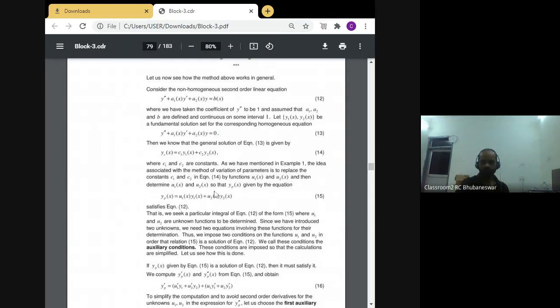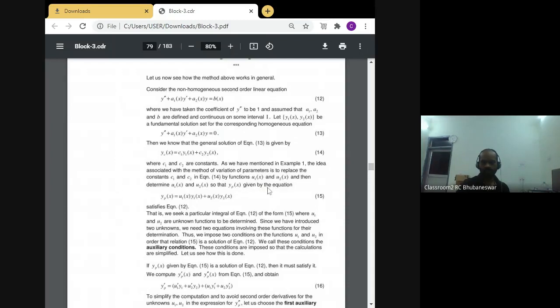Now, with the help of this expression, this Yc, we are able to represent the particular solution in the form of Yp. Look at equation number 15. The only difference from equation number 14 is that we replace the constants C1 and C2 by two unknown functions, u1(x) and u2(x).